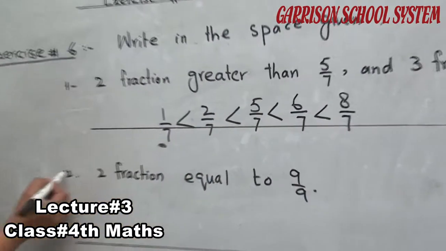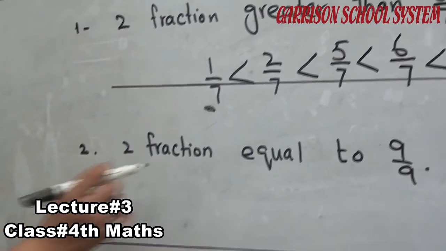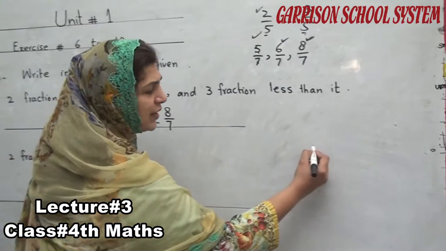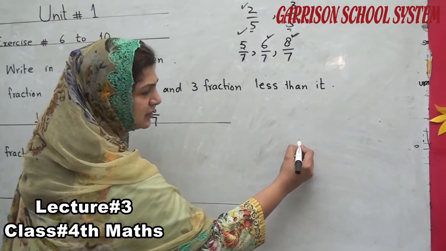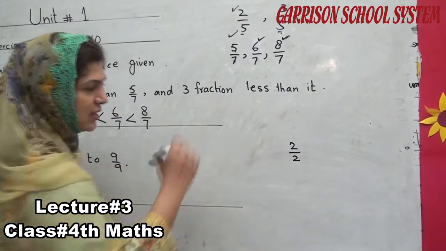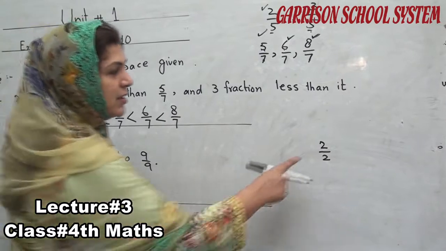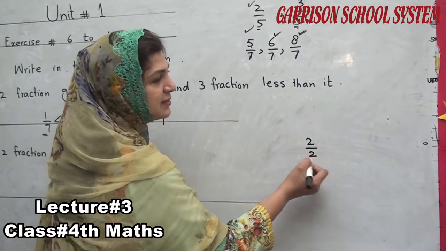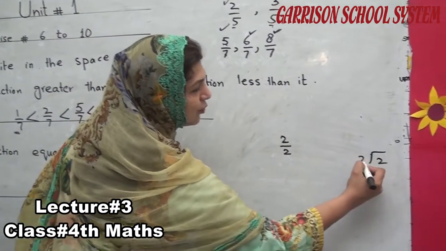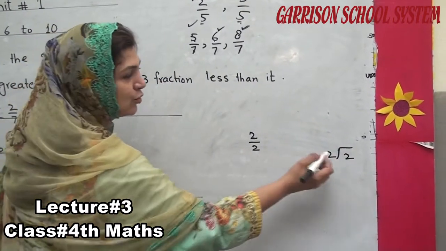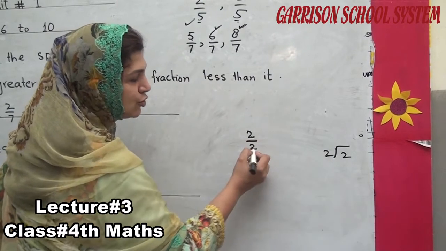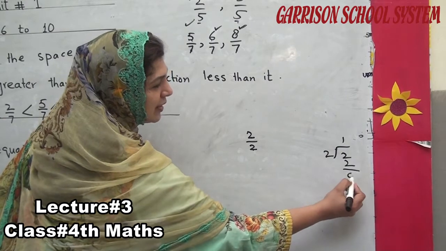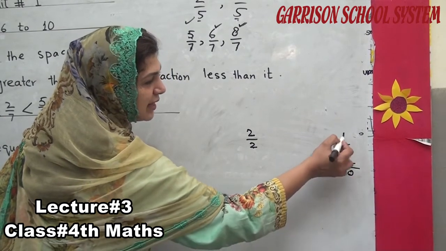And the next question is: 2 fractions equal to 9 by 9. So for example, students, when we have 2 by 2, it means 2 divided by 2. When we divide 2 by 2, 2 ones are 2, and the remainder is 0 and the answer is 1.